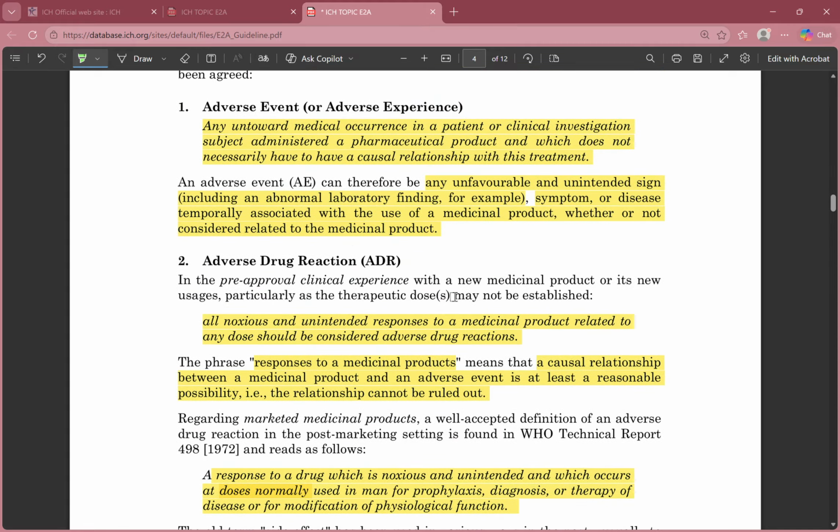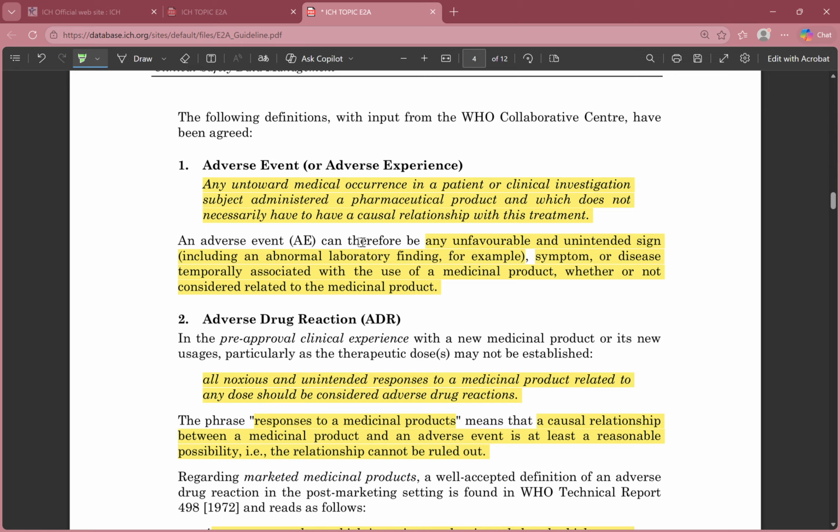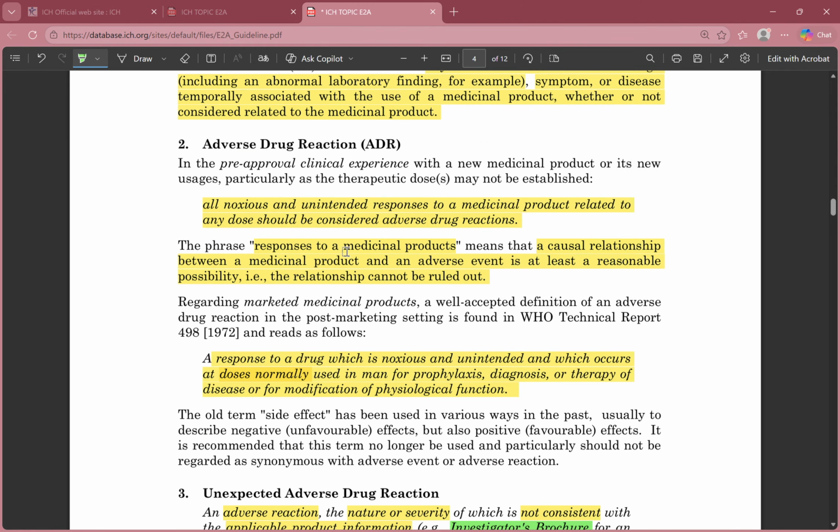An adverse event is any negative, any untoward medical occurrence, in which the major thing is that, regardless of the cause, it does not necessarily have a causal relationship. Adverse drug reaction is something in which there is a reasonable possibility that the drug and the adverse event are linked.